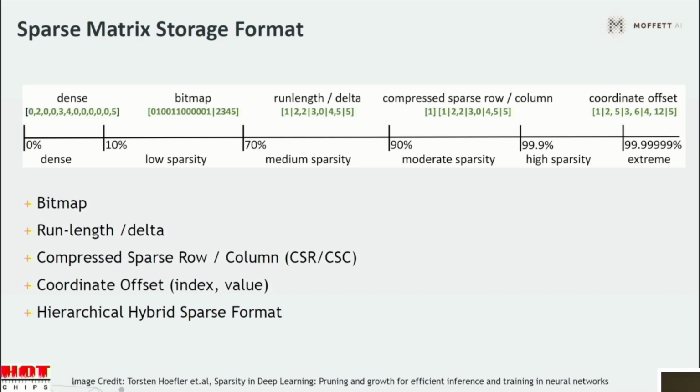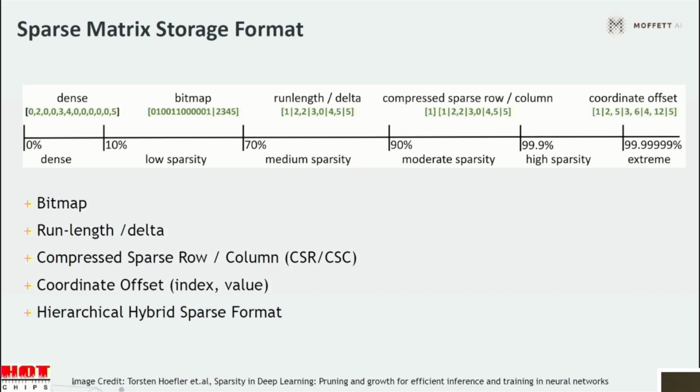As we can see here, there's a dense matrix, low sparsity, medium sparsity, moderate, high sparsity, and extreme sparsity matrix. And there are different ways to compress these.